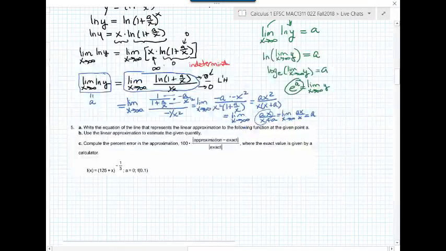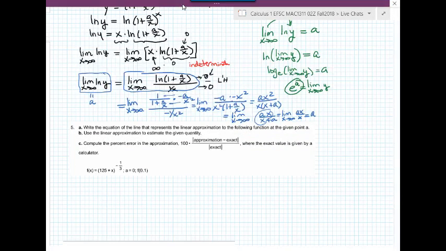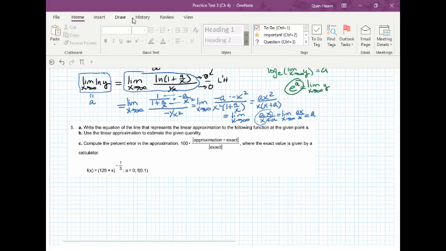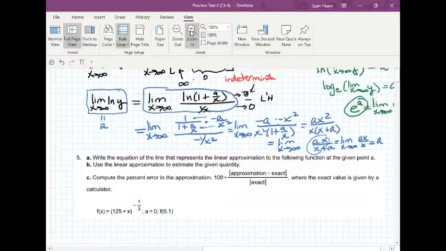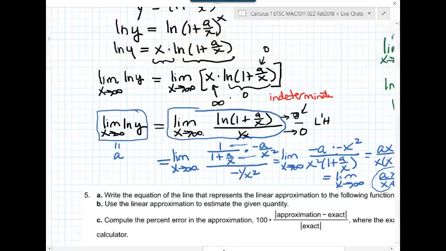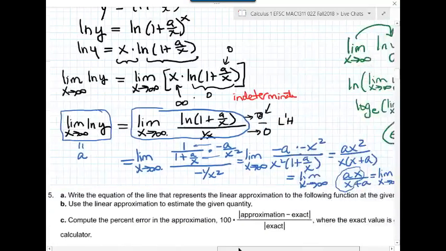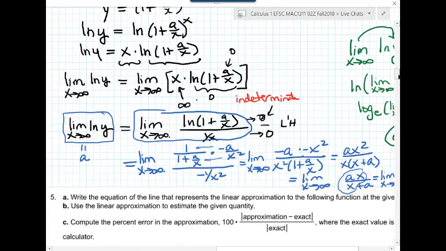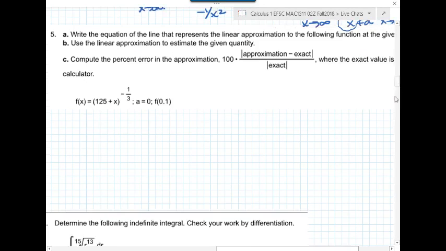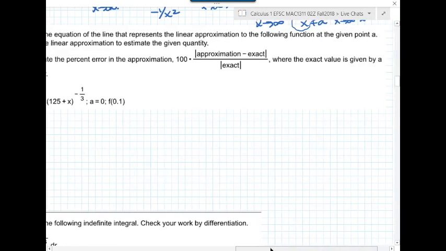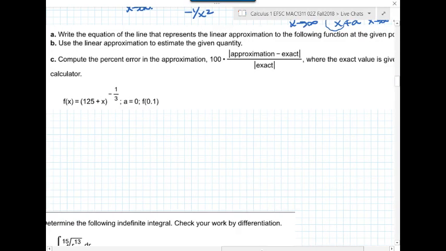So e to the a is equal to the limit as x goes to infinity of y. And remember, y was the expression we were working with to begin with. So we just found the limit is e to the a. And as I mentioned at the beginning, I expected it to have an e in there because it looked like the compound interest formula taken to an infinite number of compounding periods.